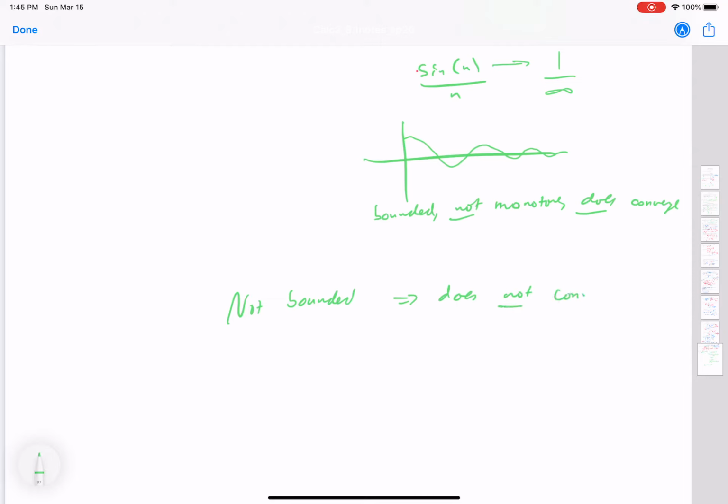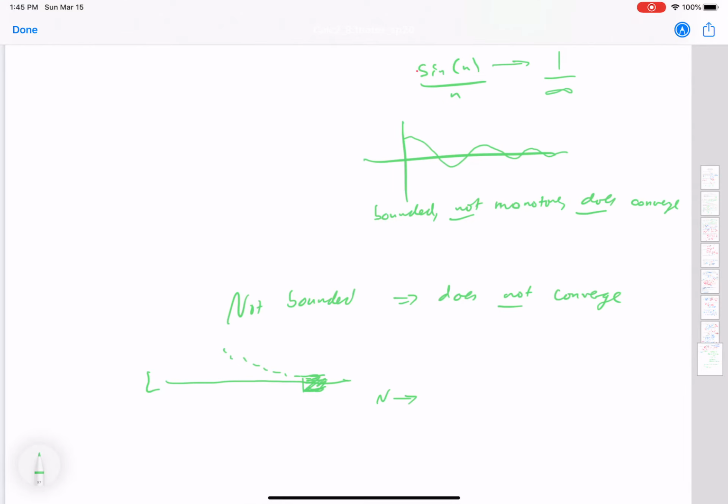And the reason for this is if you have a limit that you're approaching, at some point you have to get close enough to that limit, right? So if you think of a sequence sort of coming like this, and it's approaching a limit L, the definition of the limit says you have to get within a certain range of this for all values that are big.